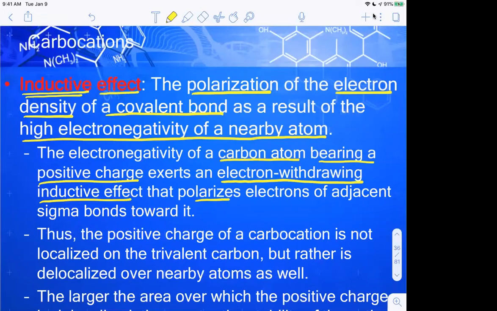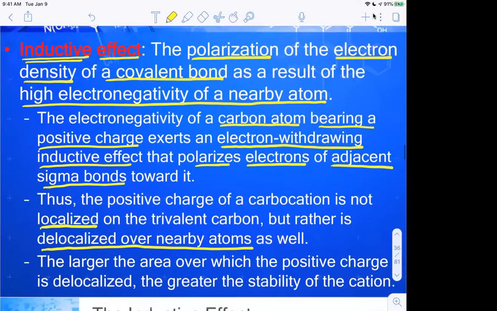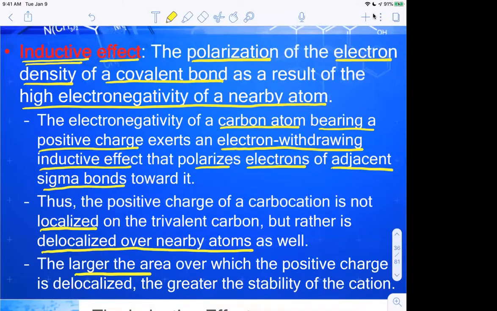It's going to polarize electrons in adjacent sigma bonds. That positive charge is not then localized on that carbon. It's delocalized over nearby atoms as well. The larger the area over which that positive charge is delocalized, the greater the stability.